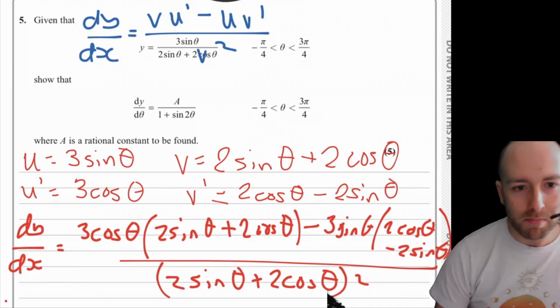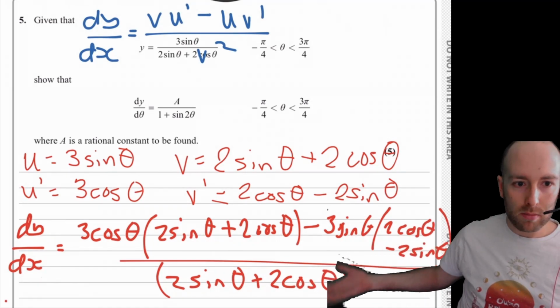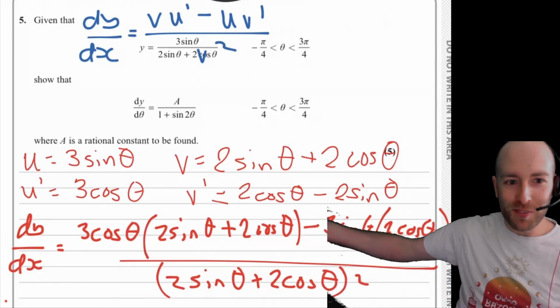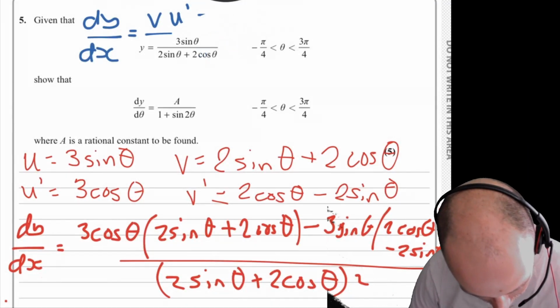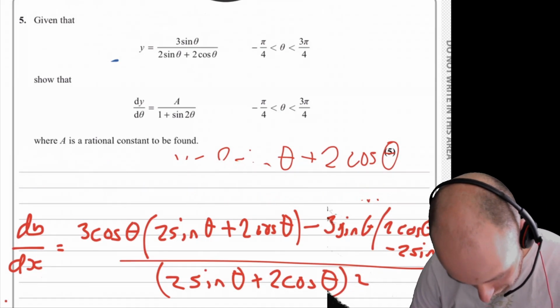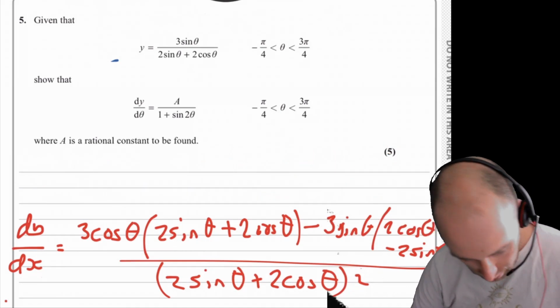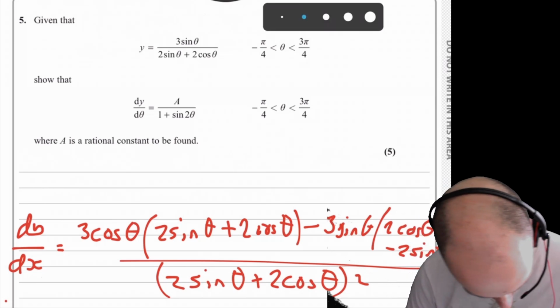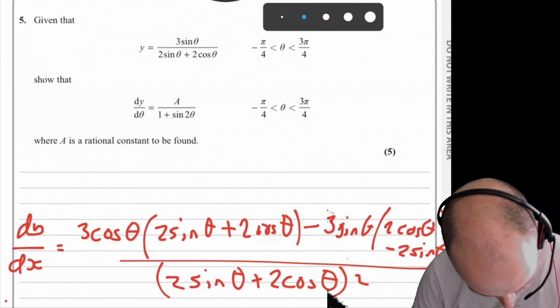Cool, lovely. So we're going to expand all of this stuff. If I get rid of everything else, we'll do some simplifying. We're going to expand everything and then try and use some trig identities. Let's expand the top first.